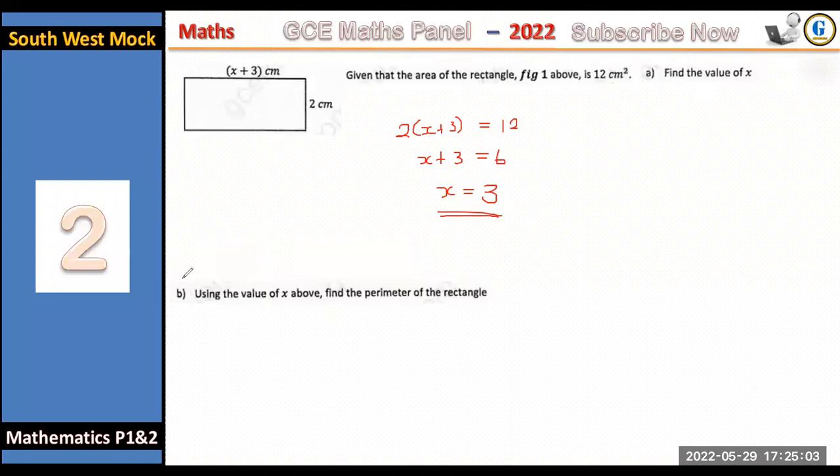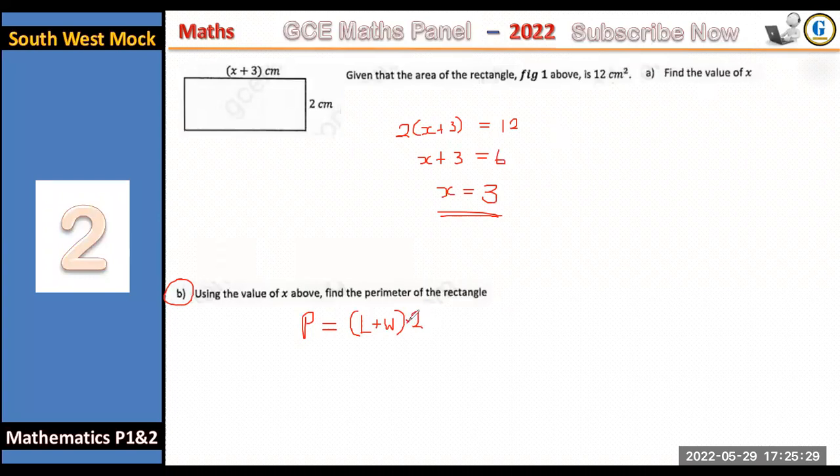Now we are being told in B that using the value of x above, find the perimeter of the rectangle. What's the formula for perimeter? That is length plus width, times 2, right?